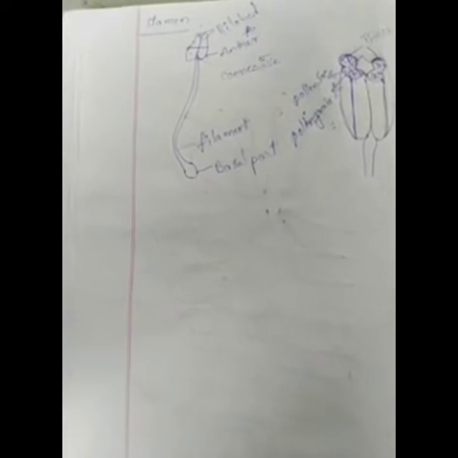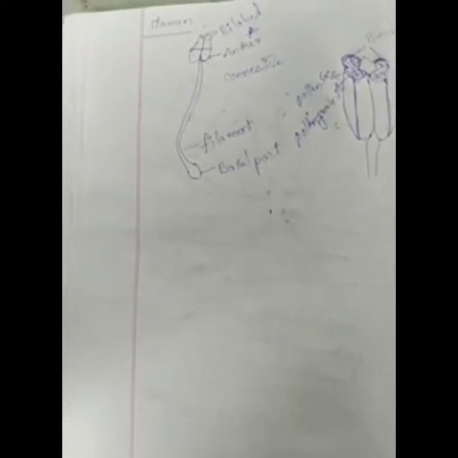Now we have to observe how the microsporangia will be present. The microsporangium in a transverse section of a typical angiospermic anther appears near circular in outline. It is generally surrounded by 4 wall layers, the first called the epidermis. Now we have to study the structure.